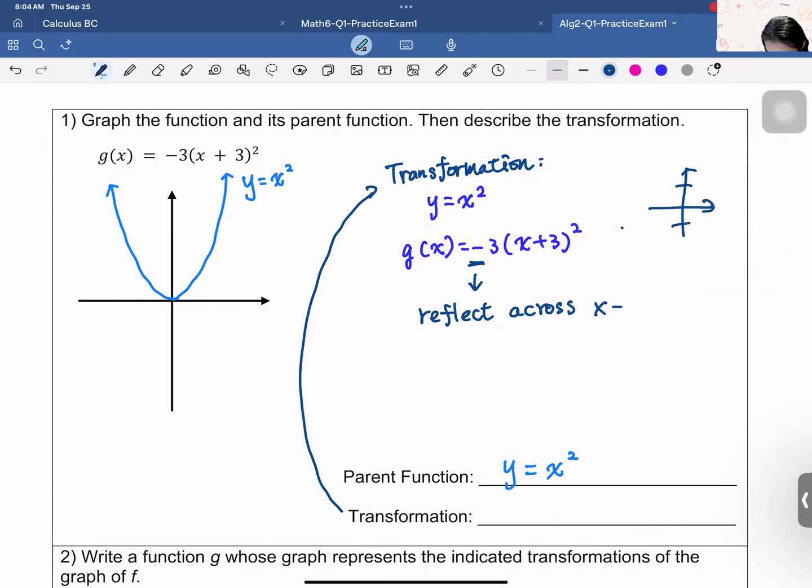The 3 directly influences the y, so this is a vertical stretch by a factor of 3.